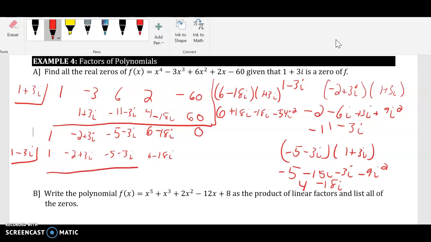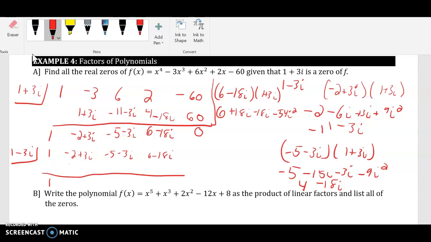So let's, that's not going to work. I need to make it straighter so I have better space to write. That's a little better. So I'm going to bring my 1 down. This should be a little bit easier mathematically. We had a lot of foiling to do over here.